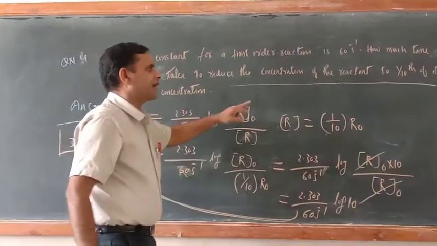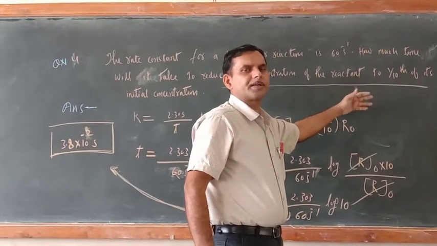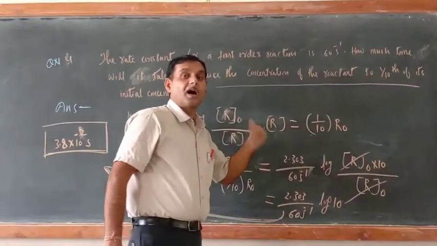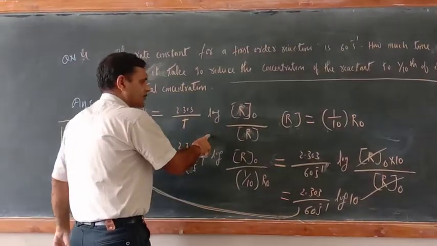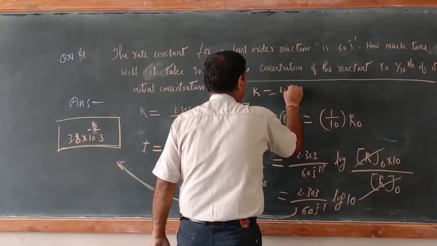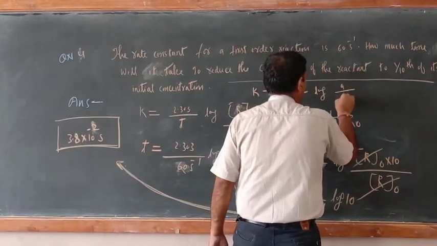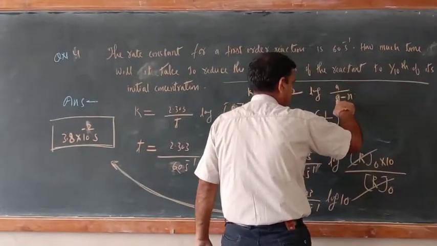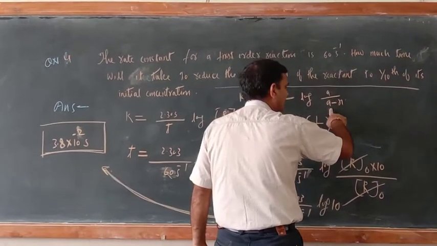So be ready for solving such type of question. Earlier I told you how to convert 2/3, 1/3 concentration of reactant from its initial concentration. You can solve this question with the help of this formula also: K equal to 2.303 divided by T, log A by A minus X. A is the initial concentration and A minus X is the concentration after time t.